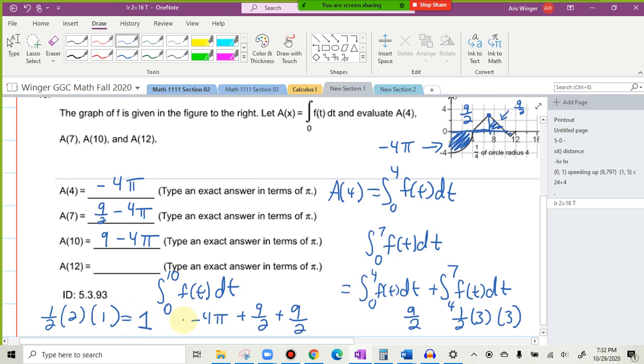So that area is 1, but the integral is actually negative 1. 8 minus 4 pi. Tack on a negative 1. Right? So we started off at negative 4 pi, added some positive area, 9/2, added some more, 9/2, and then subtracted 1 at the end.